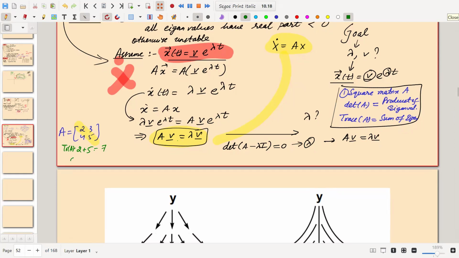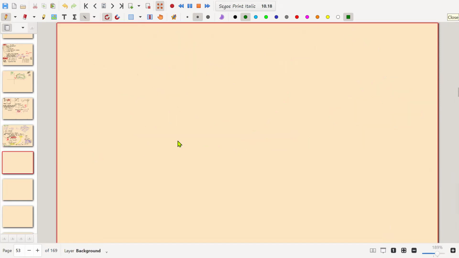Okay, what is the determinant of A? 2 times 5 minus 3 times 4, that is minus 2. Okay, fine. So this is the idea.